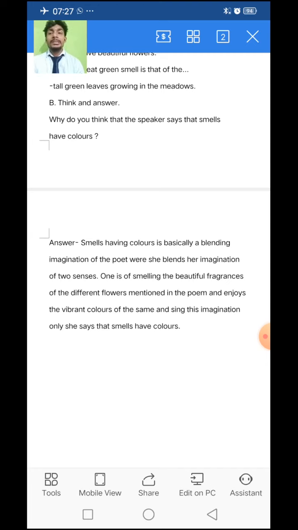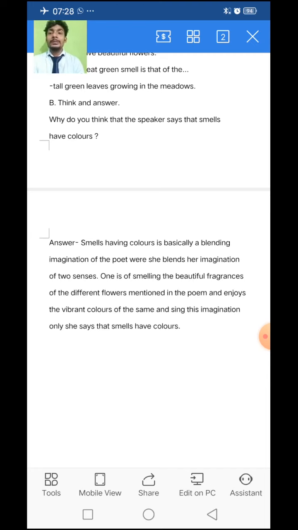But here, if the poet is saying that smells have colors, she simply means to tell us that by blending her imaginations of two different senses, she is actually smelling the beautiful fragrance of the beautiful flowers mentioned in the poem with the sense of her sight, and she is visualizing the colors of those beautiful flowers with the help of her sense of smelling.